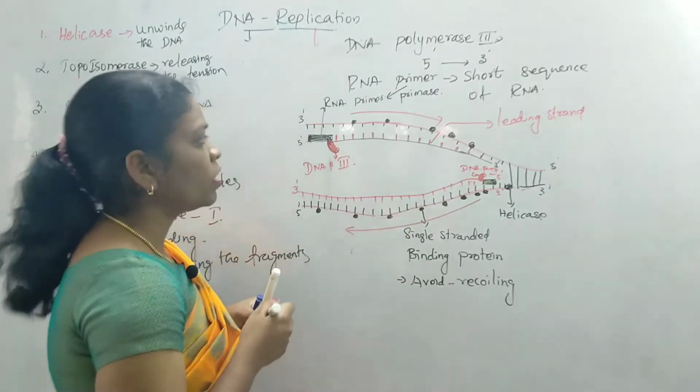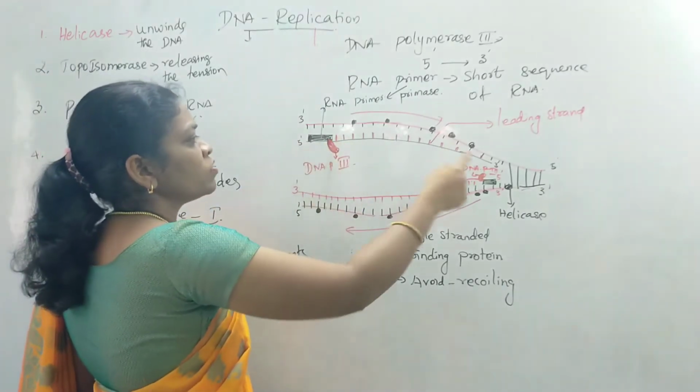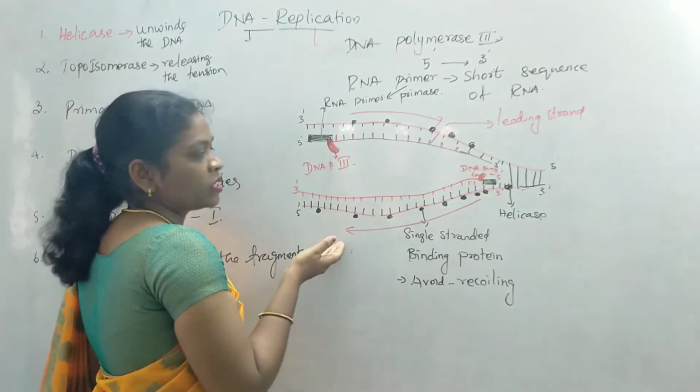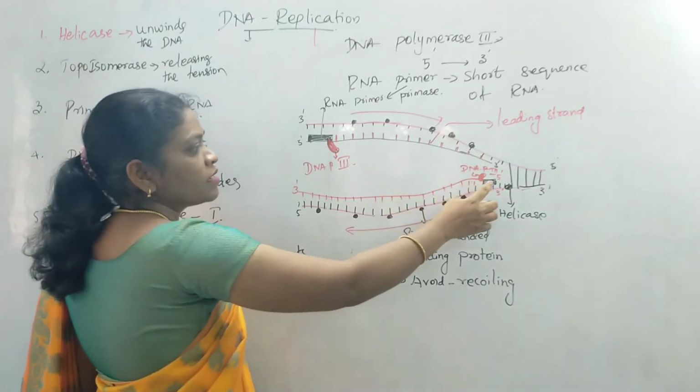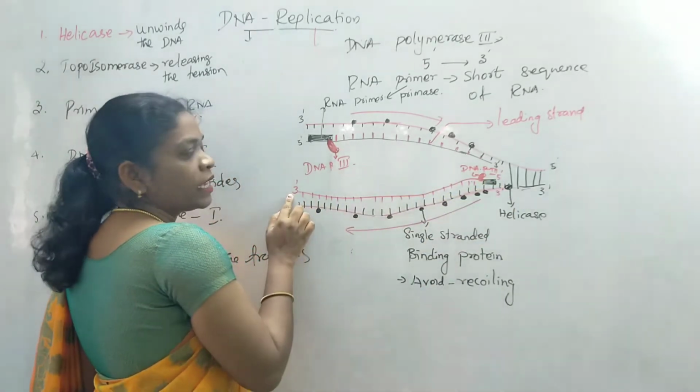So in replication, one daughter strand will be formed from 5' to 3' direction in this way, and the other strand will be formed in the opposite direction. So it starts synthesizing the new strand from here, from the 5' end to the 3' end.